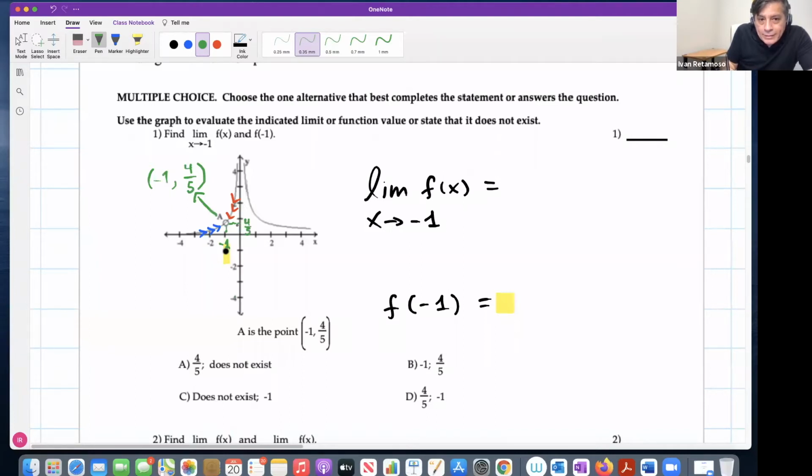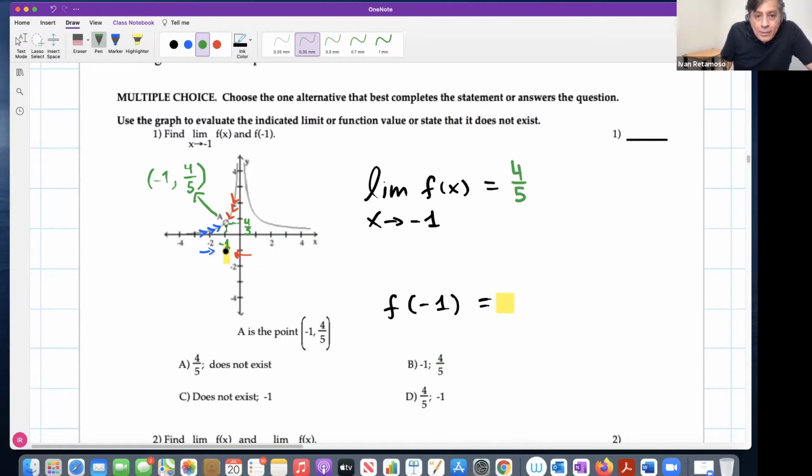So approaching -1 from the left leads to output values going to 4/5. Approaching from the right also leads to output values approaching 4/5. So the limit should be 4/5, right? Excellent, because it's convergence from the left and from the right.